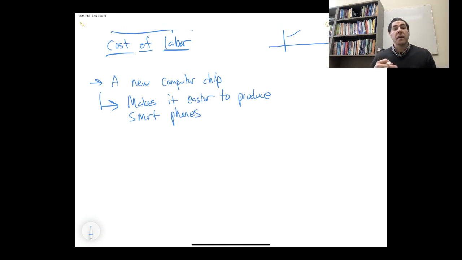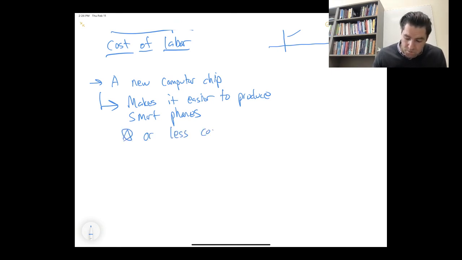Right? So I'm really thinking more generally in terms of any technological innovation that would make it easier to make a smartphone or less costly to make a smartphone. Right? So these are technological innovations that always happen over time in industries, right?